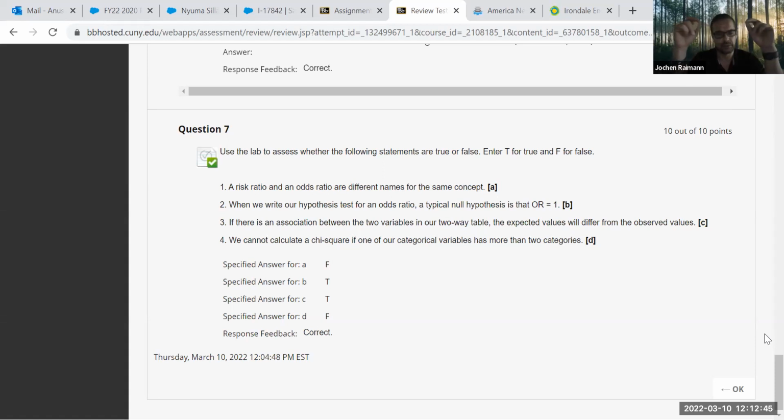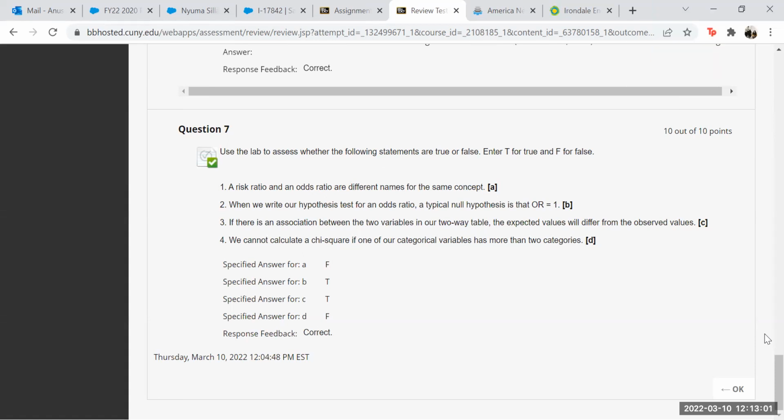From the row and column totals you can estimate the first cell on the upper left. And based on that, using the marginal totals, you can calculate the other expected values, right? And that was in the lecture.